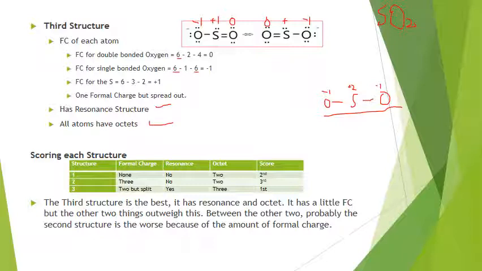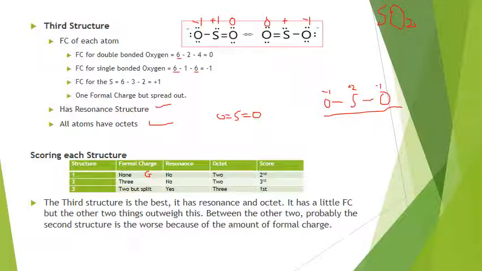Now let's compare the 3 structures in terms of these 3 things: formal charge, resonance, and octet. The very first structure, the one with just double bonds, I'm going to leave off the lone pairs here. That had no formal charge, which is good.